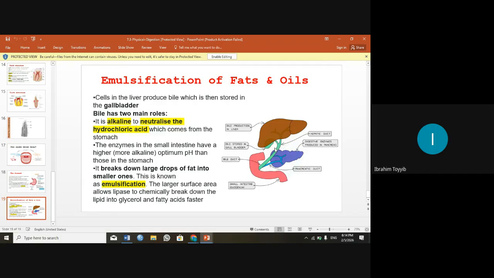It now brings to the bile duct, and this is the duodenum of the small intestine. Bile is produced in the liver, enters into the gallbladder and is stored there, and this bile duct will carry the bile into the duodenum of the small intestine to neutralize the hydrochloric acid coming from the stomach.